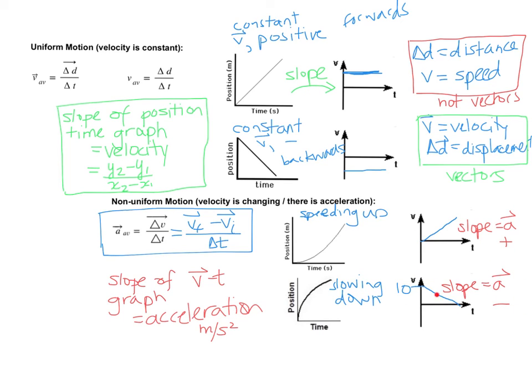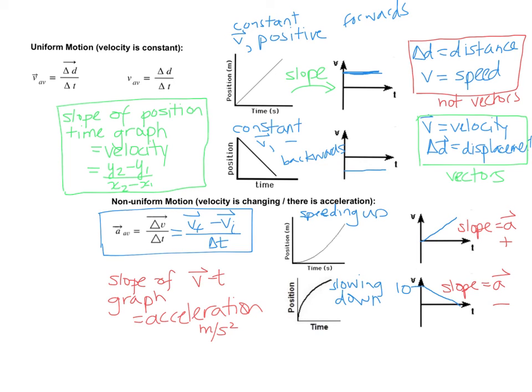We have a negative acceleration. And we can see also, if we did the calculation for slope, when it goes down, we would end up with a negative as well. So that is a summary of all of our formulas and graphing.